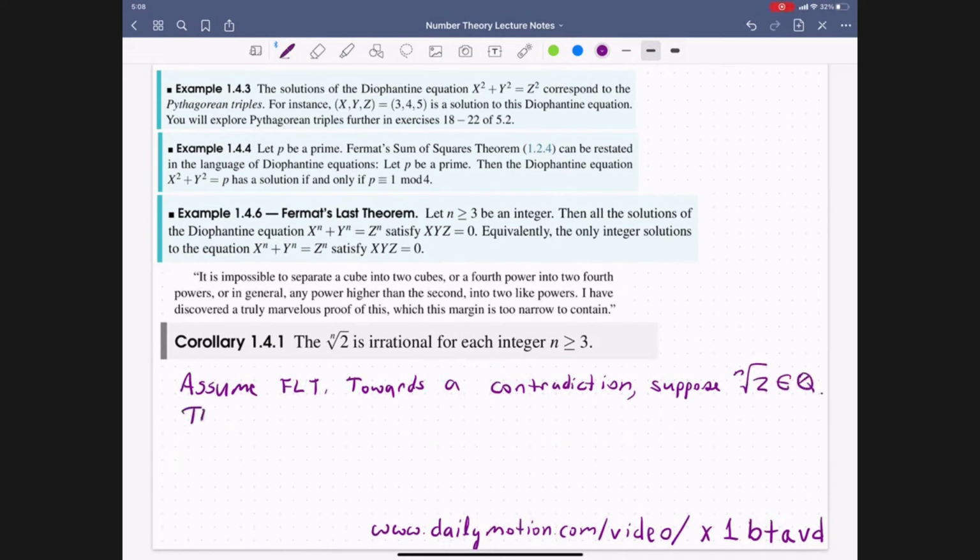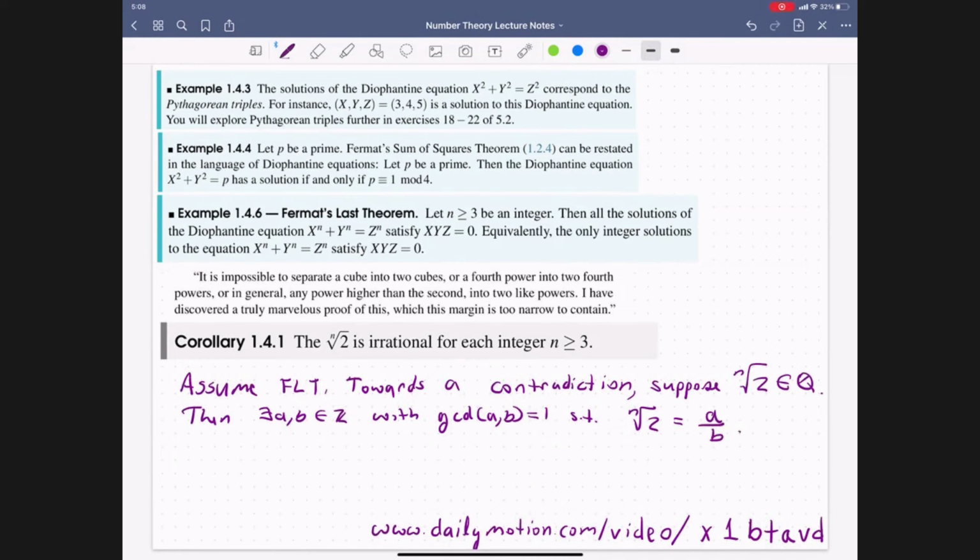Then there are integers a and b with GCD of a and b equal to 1, since we can always get this in simplified form, so a and b are relatively prime, such that the nth root of 2 is equal to a over b.